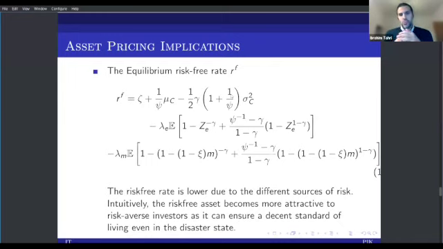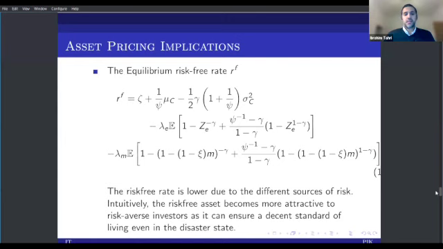What you see in front of you is the risk-free rate taking into account the different sources of risk. Here the diffusion risk, then the jump risk, for instance due to an economic catastrophe or crisis, and then the risk from the delays in the implementation of the public infrastructure.